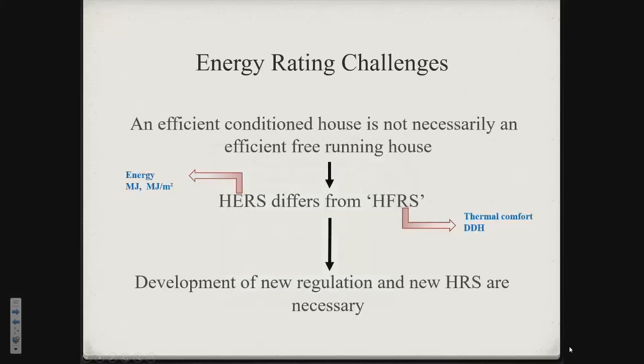And if I want to come to the conclusion, that means free-running buildings should be evaluated in one system and conditioned buildings should be evaluated in another system, but we are all living in countries with different climates. In some countries, such as Australia or Iran, we even have a moderate climate. We can construct free-running buildings in a moderate climate that are passively designed and don't need energy for space cooling and heating.